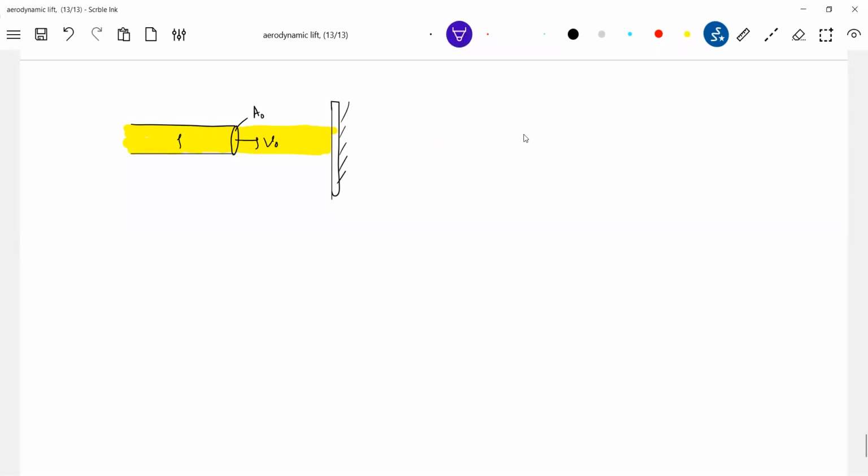This emerging jet will exert a force, no? So the same formula, there's a wall, force experienced. The force exerted by the jet on the wall should be equal to how much? Rho area of cross section A naught into V naught square.